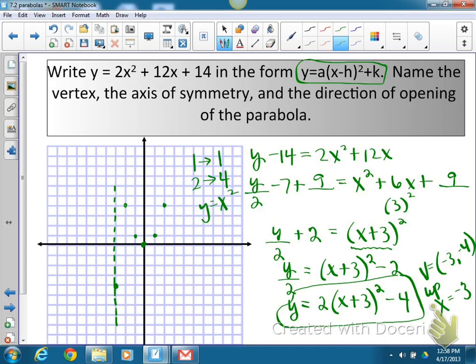But in this case, my a value is 2, so I'm changing that by a factor of 2. So instead of going 1 away, 1 up, I'm going to go 1 away, 2 up. And instead of going 2, 4, I'm also going to take that times 2, so I'm going to go 2 away and 8 up. So I have my parabola.